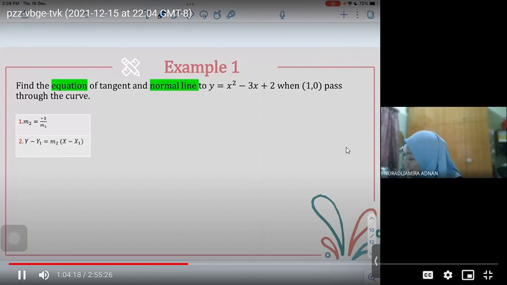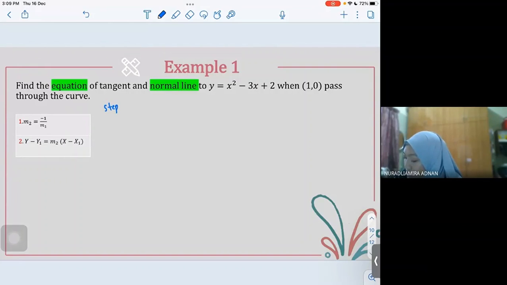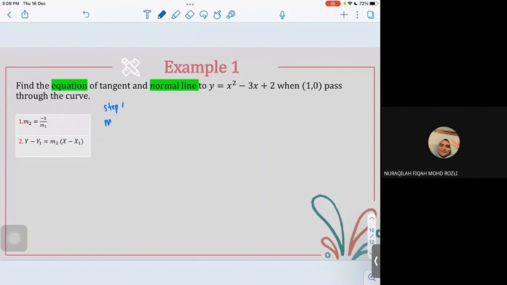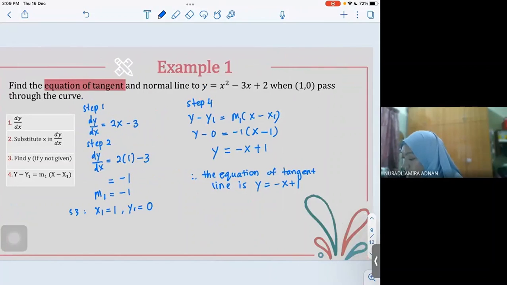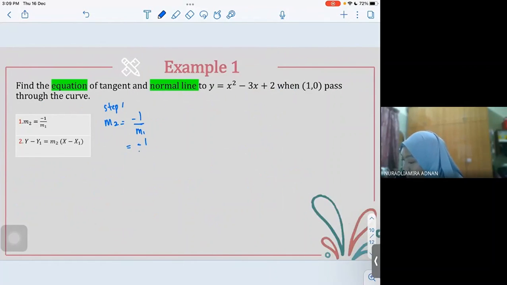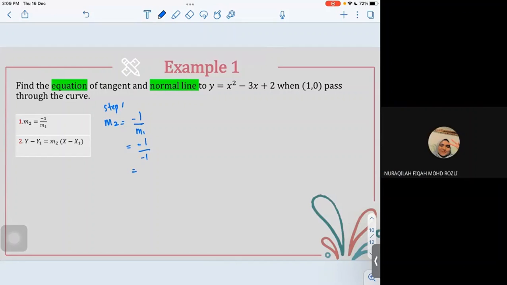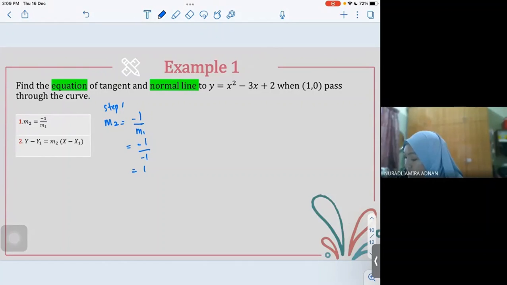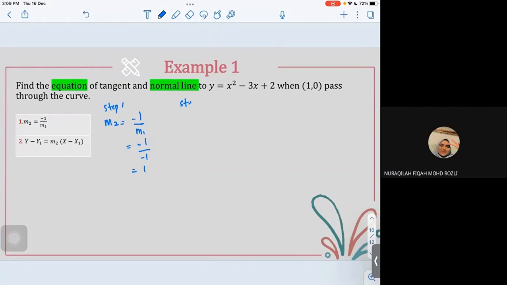To find the equation of the normal line, the first step is to rewrite m2. m2 equals negative 1 over m1, and m1 is negative 1. So negative 1 over negative 1, and the simplest form is 1. Good. Then for step 2, x1 equals 1 and y1 equals 0.